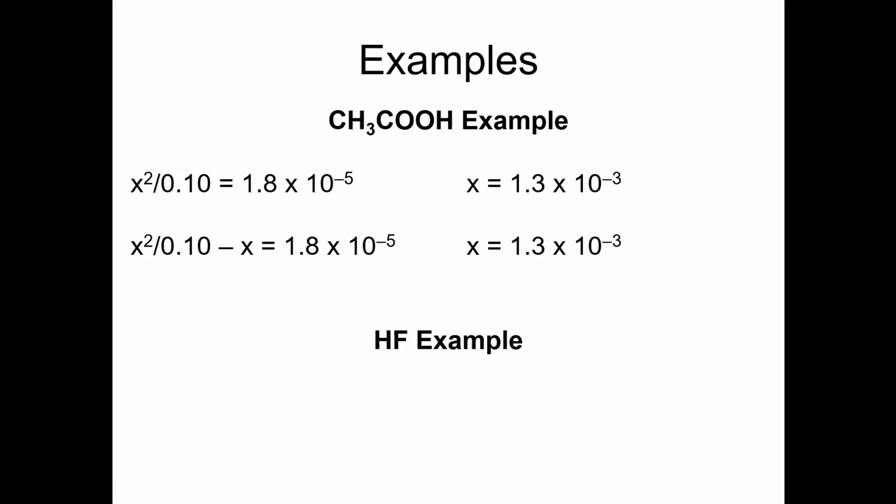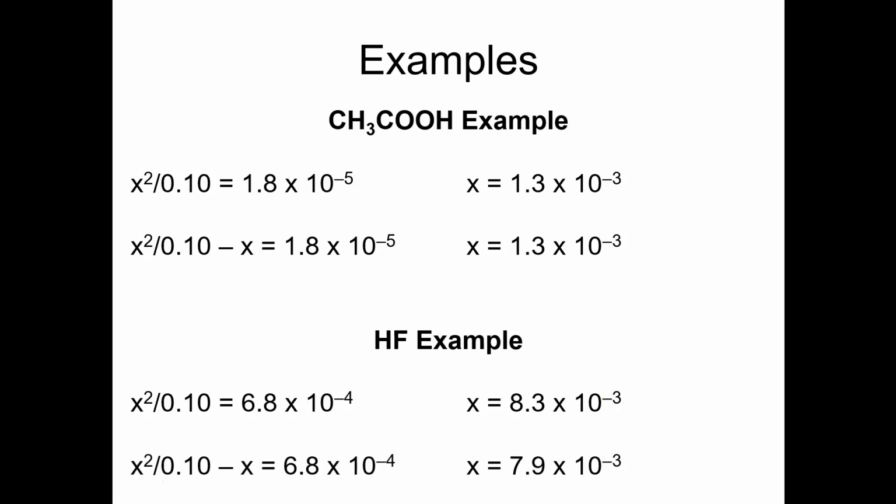If I look at the hydrofluoric acid example, and remember I said in this case I'm not justified in removing the x from the 0.1 minus x. If I do it anyway and do the calculation, I get x being equal to 8.3 times 10 to the minus 3. But if I leave it in and solve it as a quadratic equation, I wind up with x being 7.9 times 10 to the minus 3.